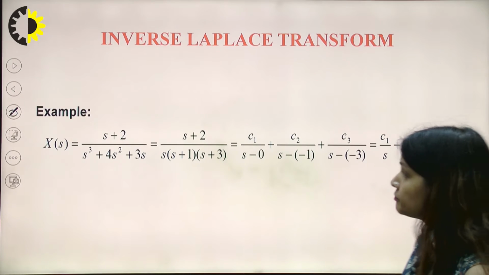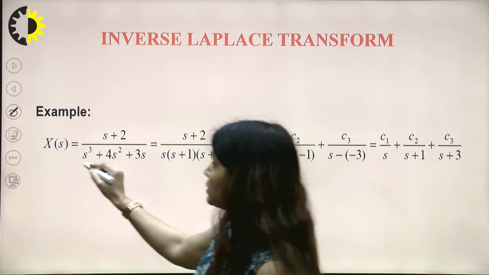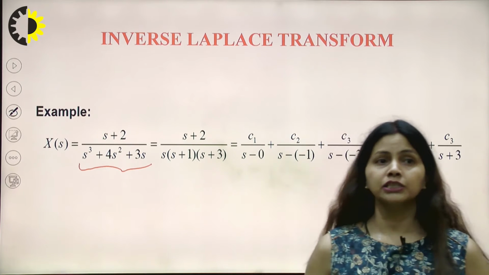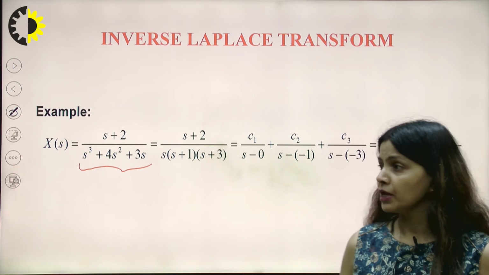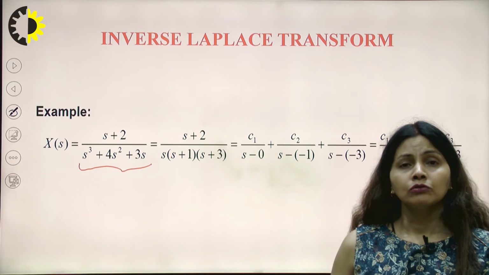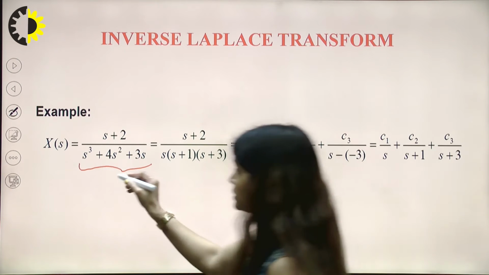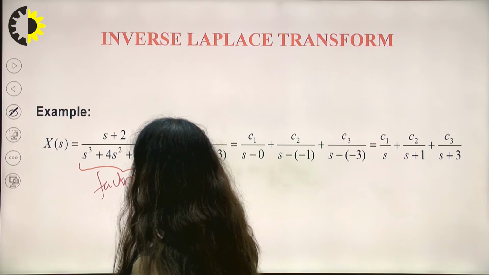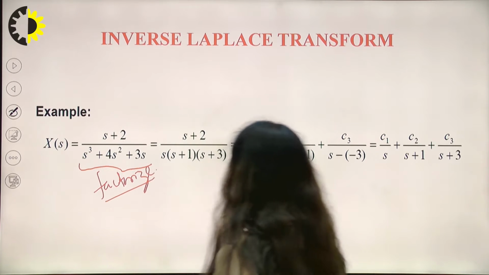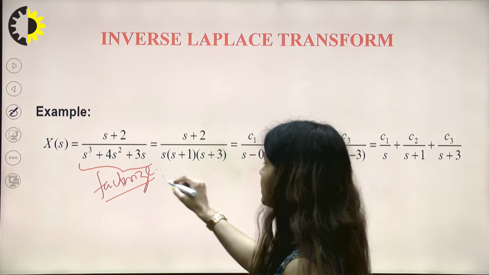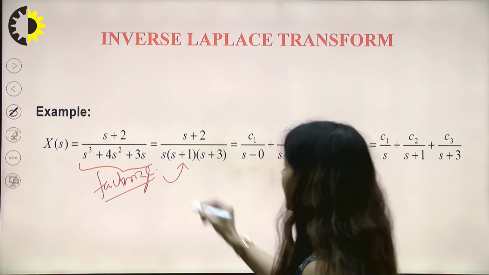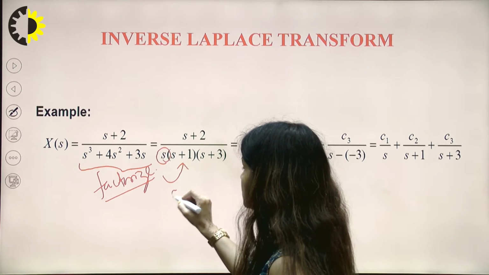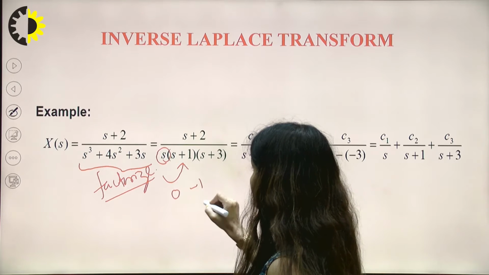So here we have one example. Let us consider (s plus 2) upon (s cube plus 4s square plus 3s). Now we will factorize this, and after factorizing we check all the poles: 0, -1 and -3.